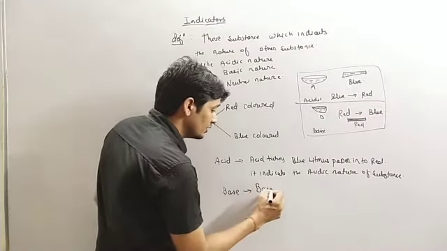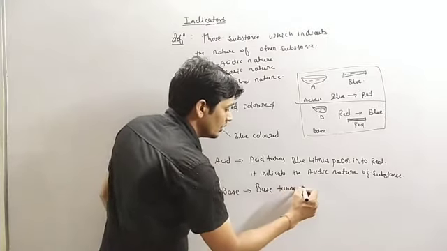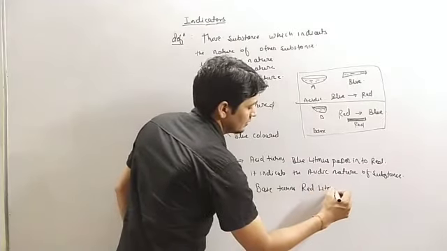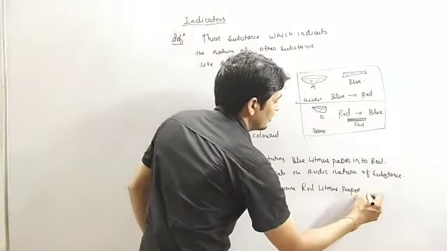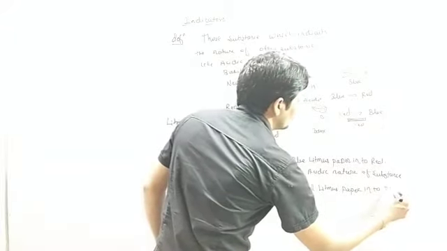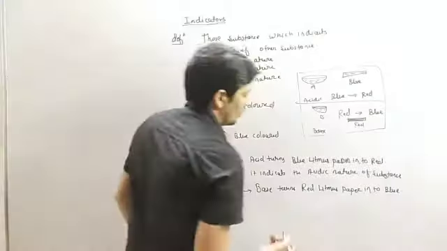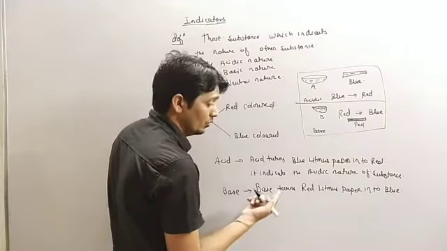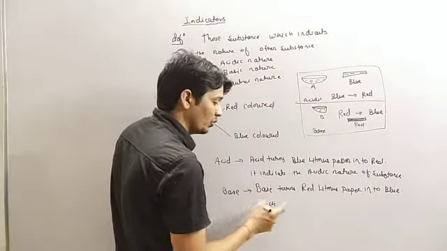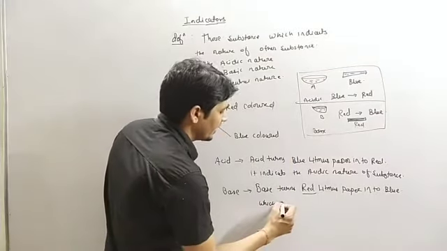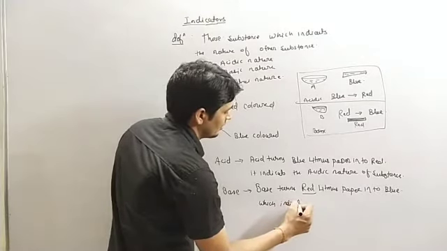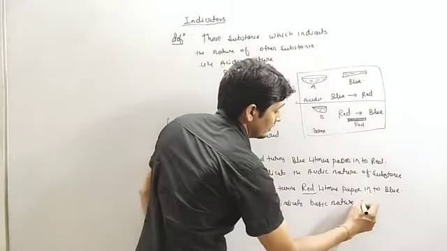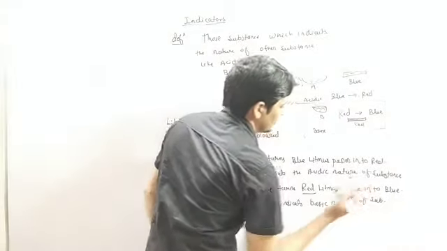So we have to write: base turns red litmus paper into blue, which indicates the basic nature of the substance.